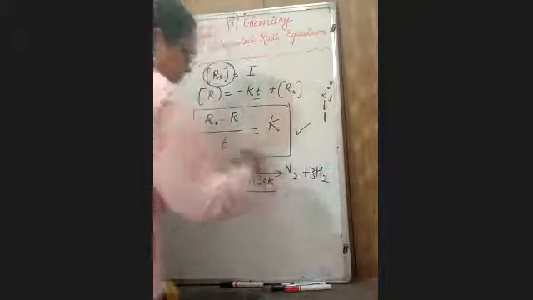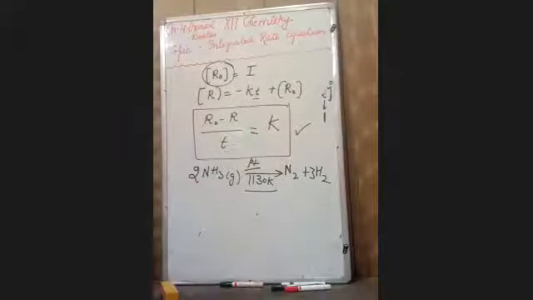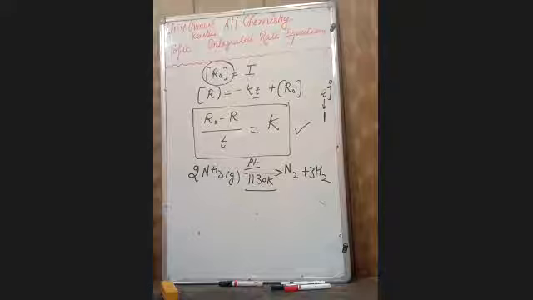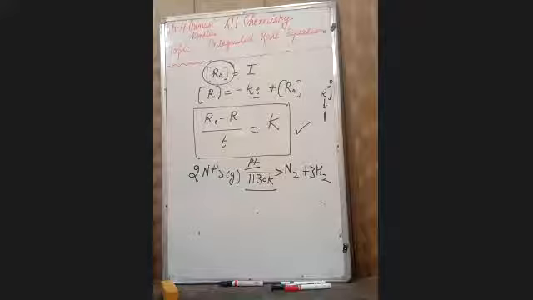Platinum acts as a catalyst. At high pressure, the metal surface is completely saturated with gas molecules. So further change in reaction condition is not able to alter the amount of ammonia on the surface of the catalyst. So rate of reaction is independent of the concentration of ammonia. Fine. So zero order reaction is generally not so common. The common example is the decomposition of ammonia in the presence of platinum as catalyst.